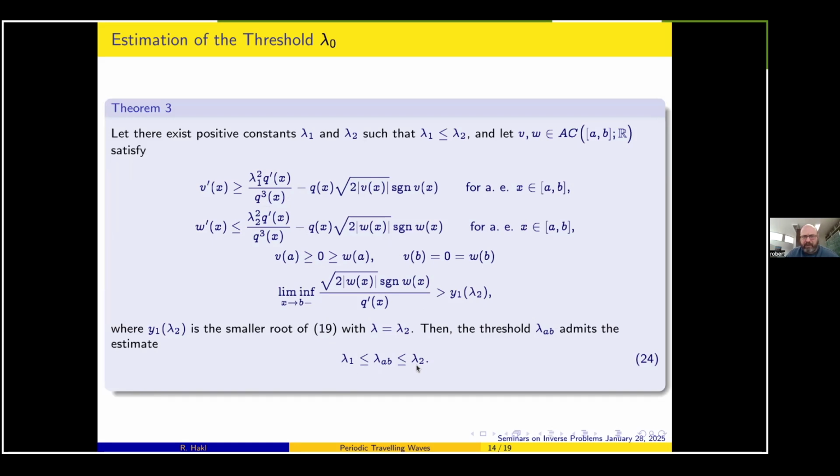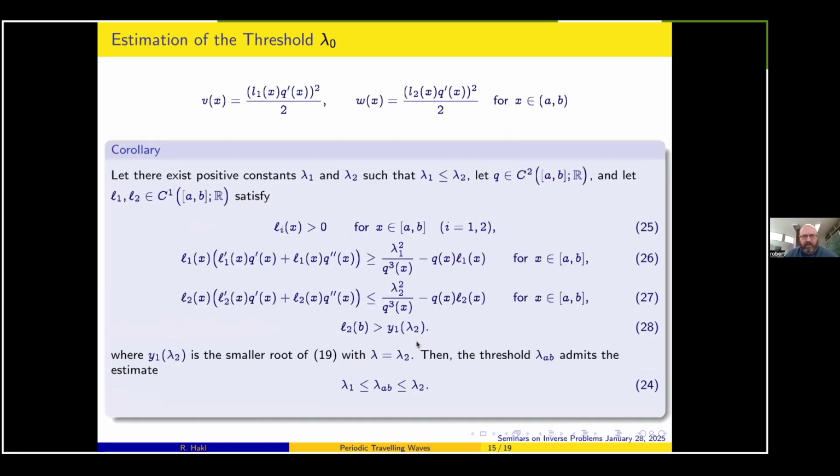If we take the functions v and w in this particular form, then the differential inequalities can be rewritten in this form.